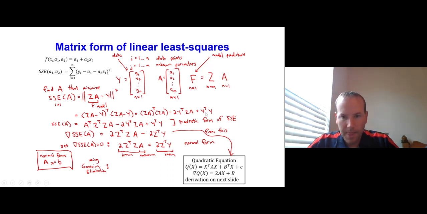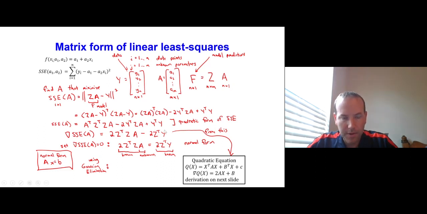This is set in what's called a quadratic form of the sum of squared errors. We're not going to go through all the derivations on this, but basically, if you have a set of matrices in this quadratic form, then the gradient is given as 2Ax plus b. So we've got the gradient of the sum of squared errors right here.